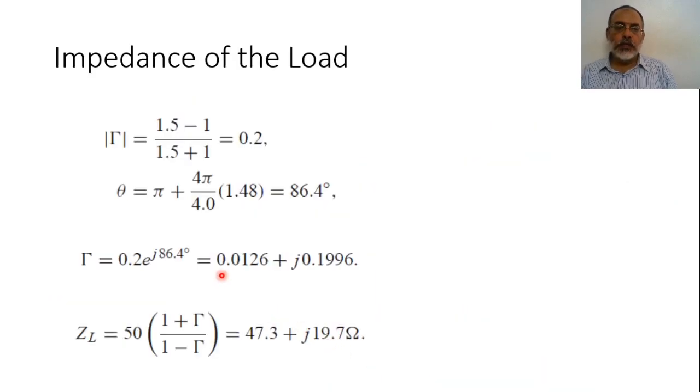So the reflection coefficient as a complex quantity is 0.2 e to the power j 68.4 degrees, or in terms of real and imaginary parts, 0.2 cosine of this value plus j 0.2 sine of this value. Now Z load would be Z naught multiplied by 1 plus gamma over 1 minus gamma. By inserting this gamma, we obtain that the load impedance in this case is 47.3 plus j 19.7 ohms.